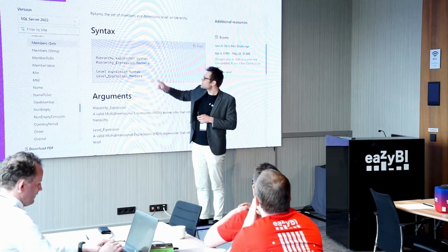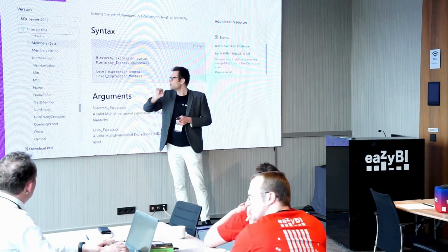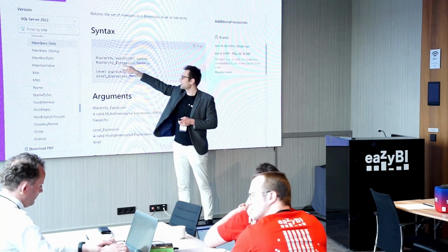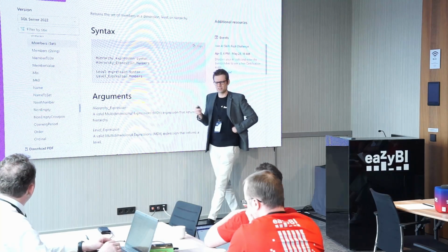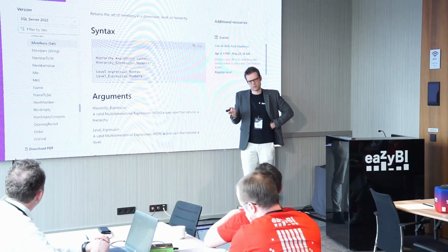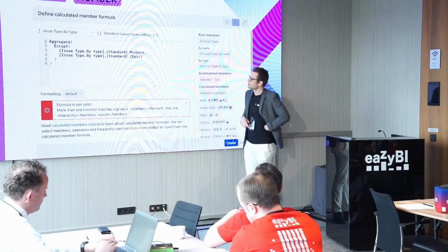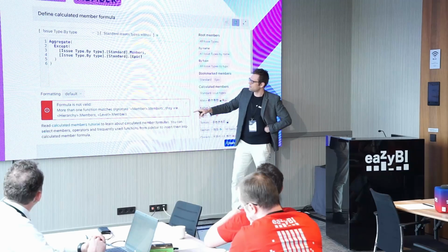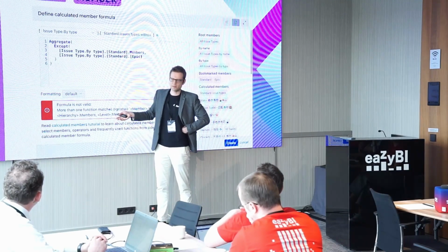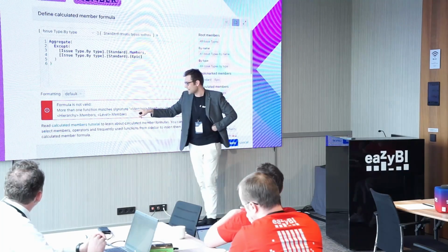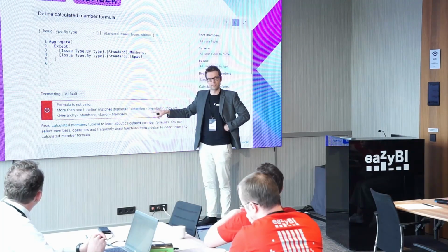And see, the syntax says there are two options. We can either specify a hierarchy and then write dot members, or we can specify a level expression, then type dot members, right? So it's not that eazyBI was confused on which one to use. It's just that we specified neither a hierarchy nor a level, but instead we specified a member, right?